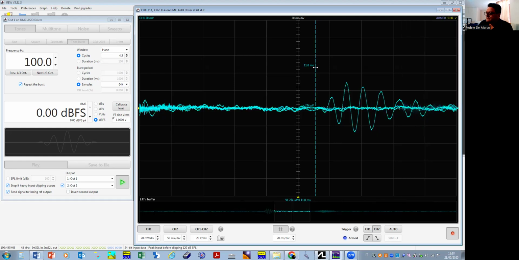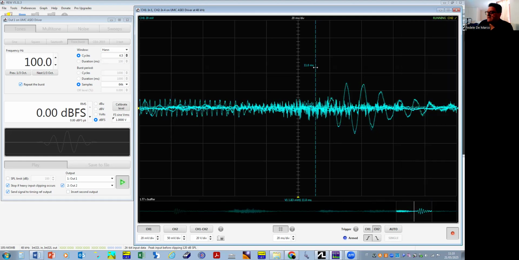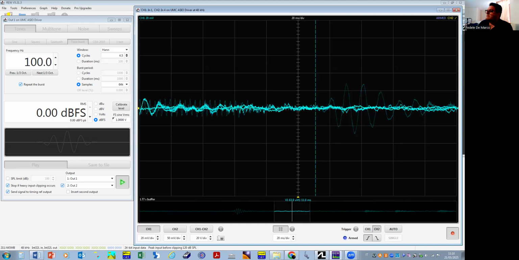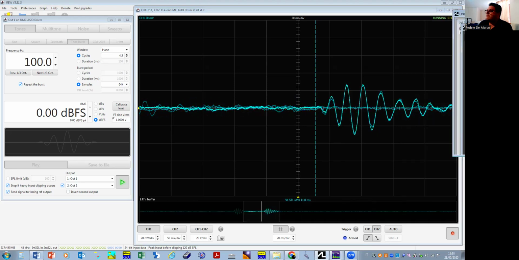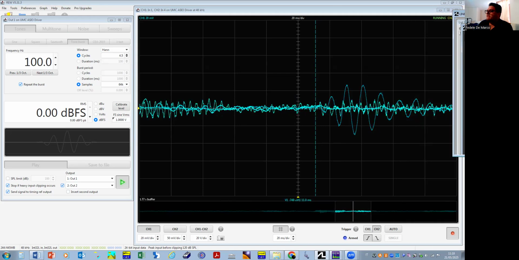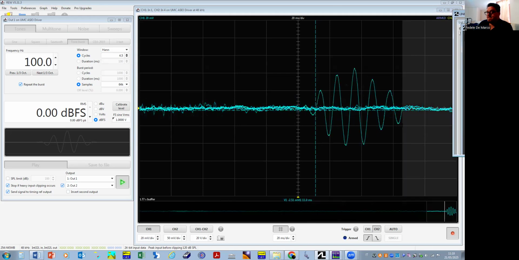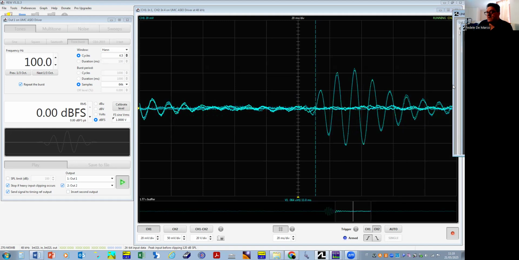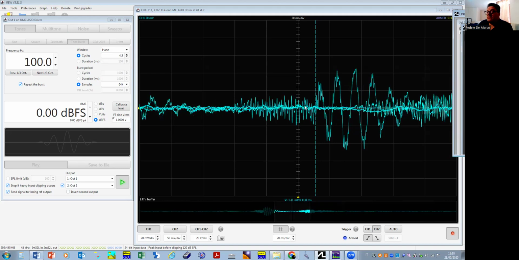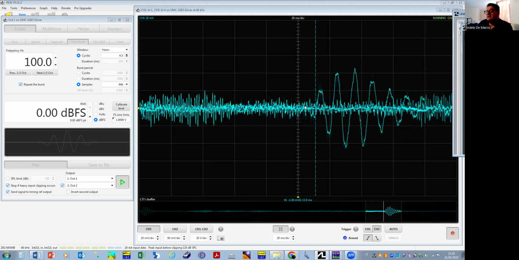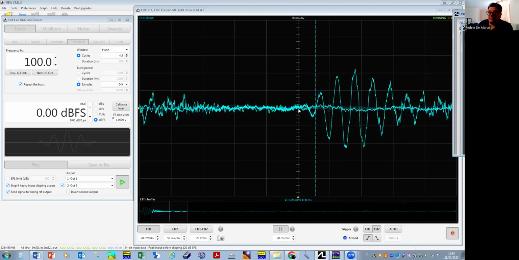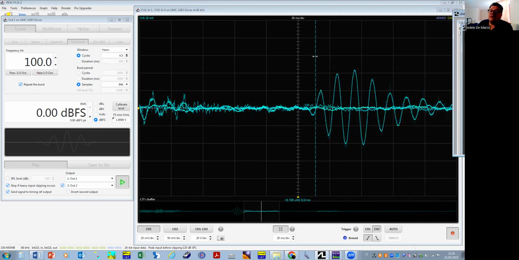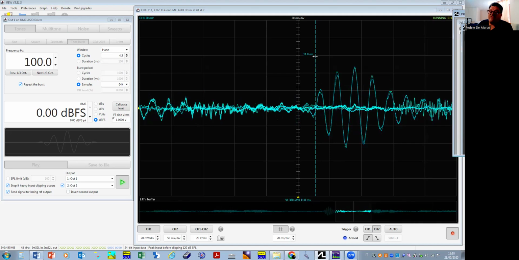Okay. Now I mute the top and unmute the sub. You see, the start point of the waveform of the subwoofer is before our reference point.